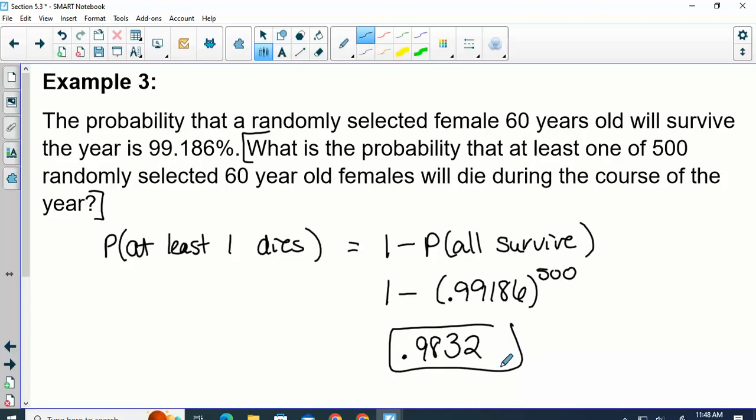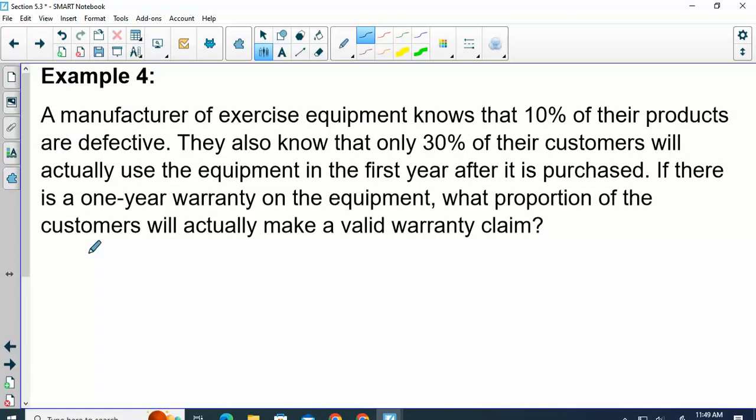So there is over a 98% chance that somebody will not survive the year. Is that okay?